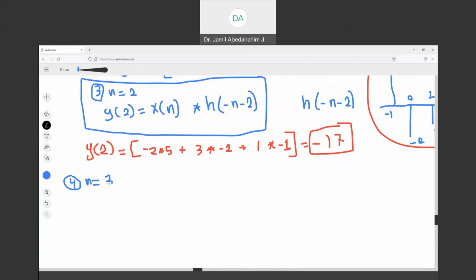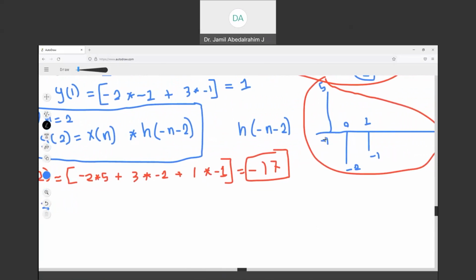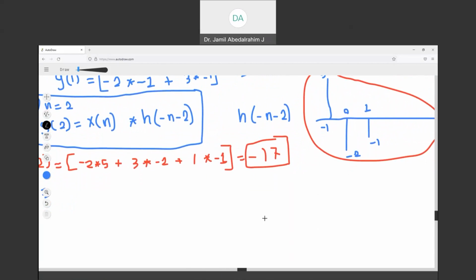So we will do shifting by 3 to the right side for h of negative n, the original one, or we do shifting by 1 to the right side for the previous signal that was already shifted by 2. This one we do only shifting by 1 to the last figure. Okay, so I prefer this one, much easier.